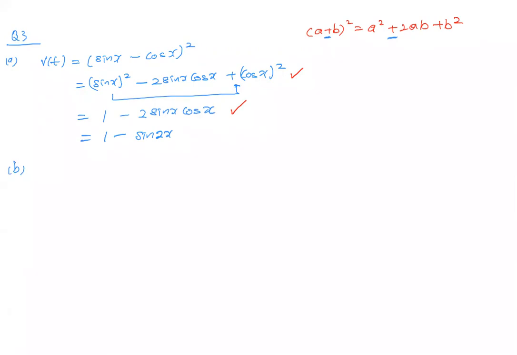B, what they want you to do, they want you to sketch the graph of VT for the sin 2 pi. Based on the graph VT, describe the direction of motion of the object. Okay, can you all please sketch the graph? Everyone please sketch.